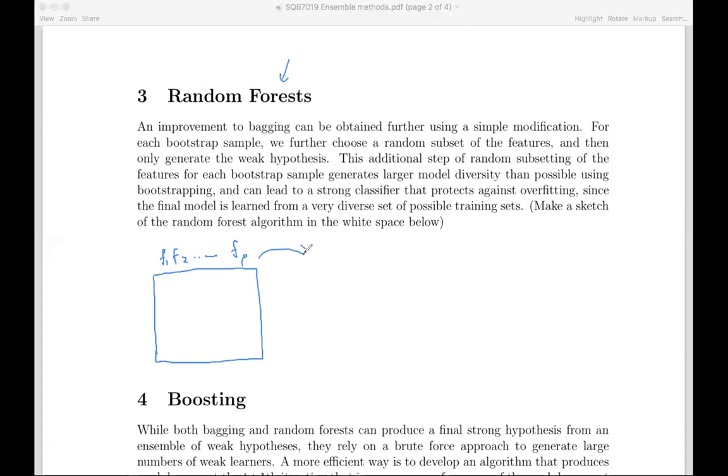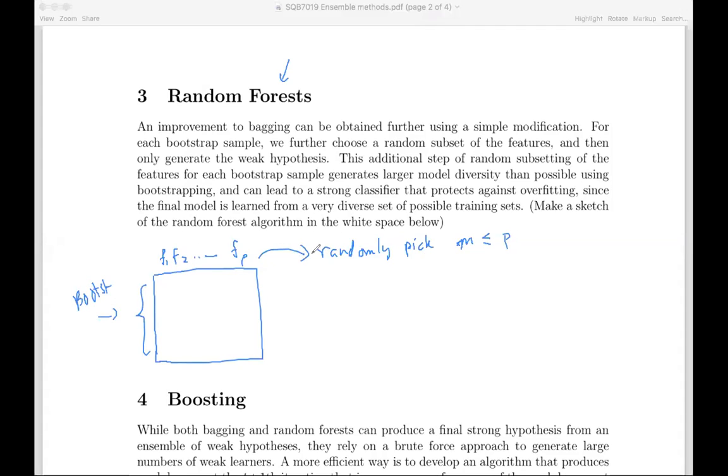After you bootstrap the rows, you basically randomly pick m of the p variables. Of course, if you use m equal to p, then it's just bagging, because if you pick m equals p, then you are using the whole set.